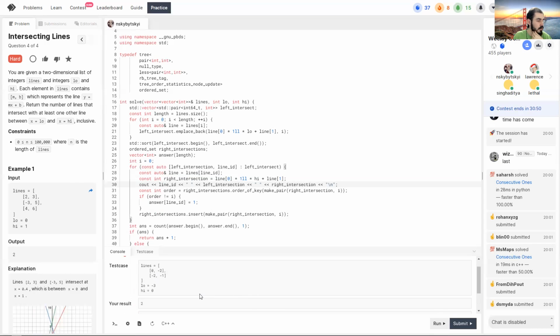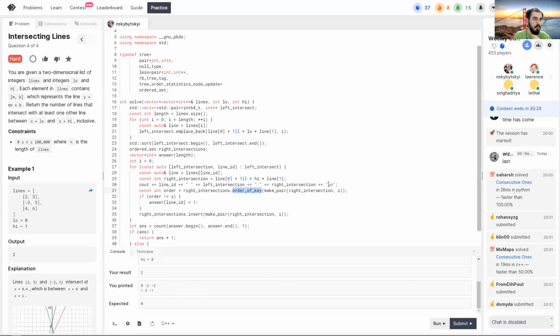What is wrong? No, wait, like this line at -3 is 5. Oh, no, okay, they don't intersect because this is above this, okay. But we take this.